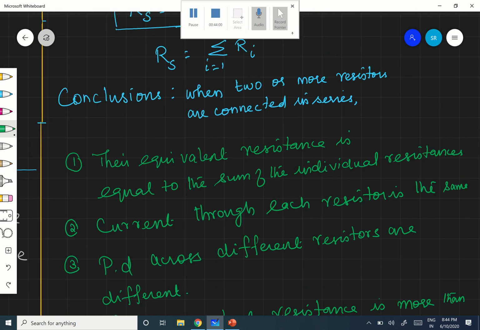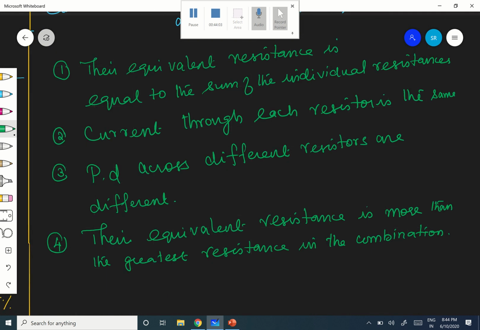See here, let me take R1, R2 values just like that. Let R1 equal 1 ohm, R2 equal 2 ohm, R3 equal 3 ohm. Therefore RS is equal to 1 plus 2 plus 3, that is 6 ohm.